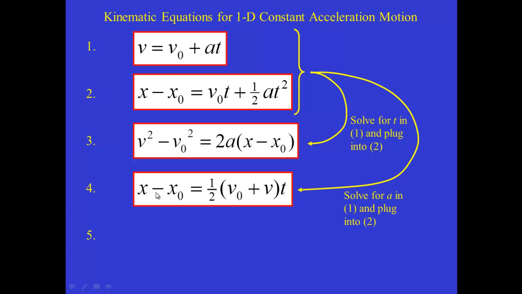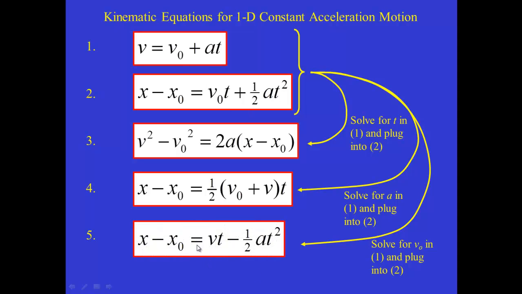And there's a last equation that we can derive from the first two by doing yet one more kind of substitution. We can solve for v0 in the first equation and plug it into where v0 is in the second equation. And if we do that, we'll have an equation that has everything else in it but no v0. It looks a little bit like equation number 4, and a little bit like equation number 2, only instead of v0 we have v, and instead of a plus there's a minus.